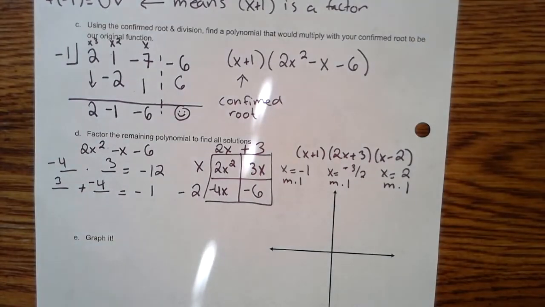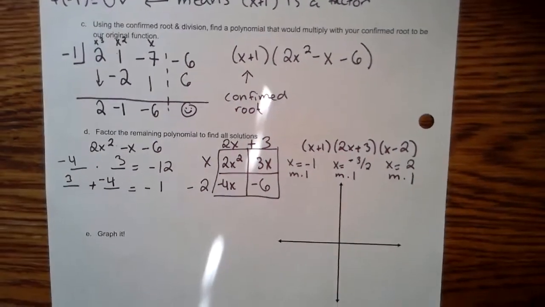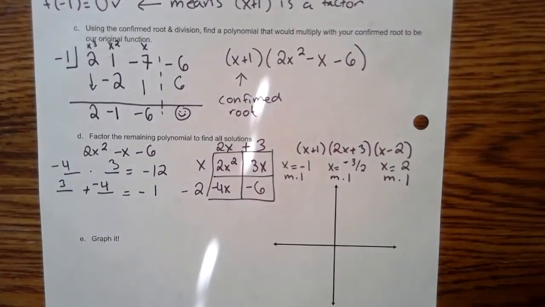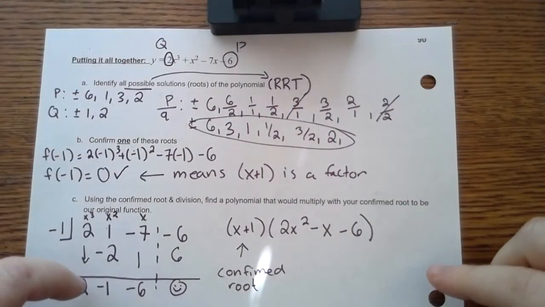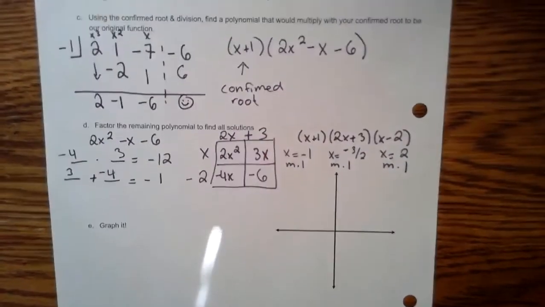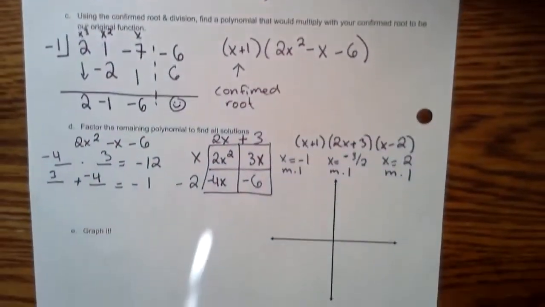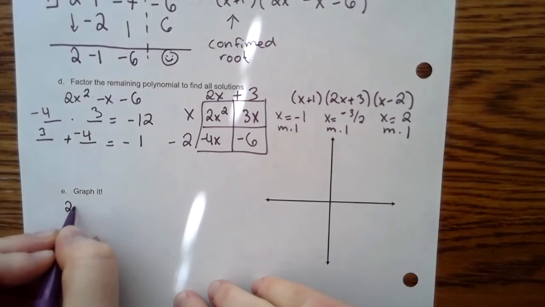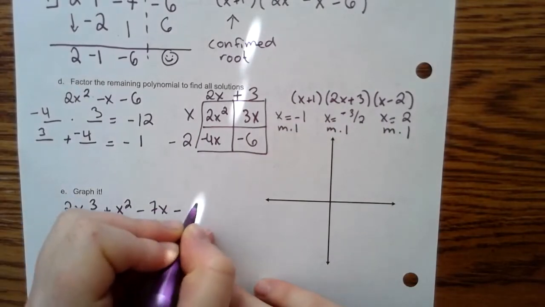Okay. Now it's really going to come together. It just says graph it. So I can just ask you, graph this, and this is all the work you would do, but I'm not going to talk you through it. This is just an example. Okay, so when we graph, I'm just going to write the original problem right here. It is 2x^3 plus x squared minus 7x minus 6.